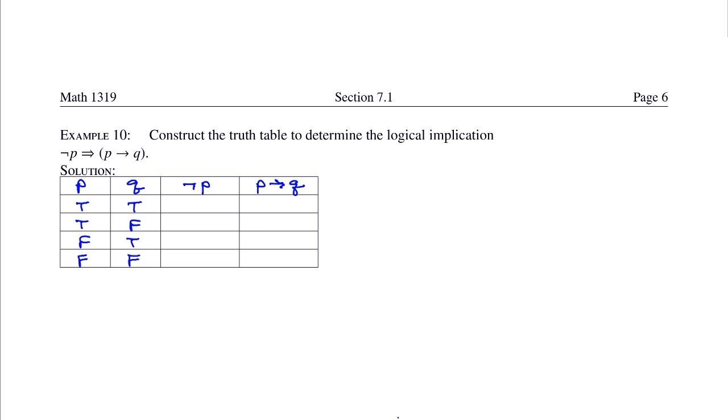Not P would then be false, false, true, true. And then if P, then Q, well, we have if true, then true, that's true. If true, then false, that is false. If false, then true, it's true. And if false, then false, that is also true.